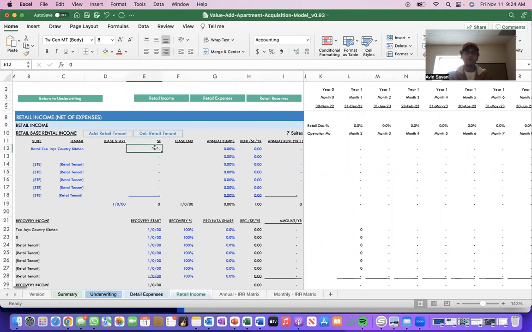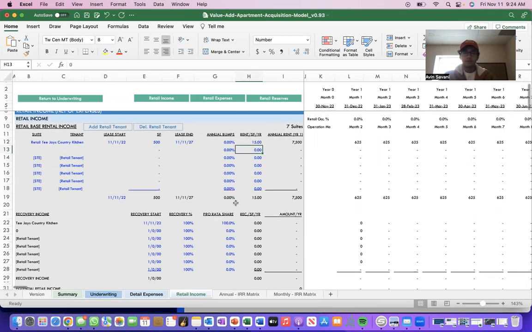Say I enter 500 square feet, the lease starts this month, 11/11/2022, and it's going to end in 5 years. So this is going to display, and then obviously what is the rent per square foot? Let's say $15, right? So the total annual rent is going to be displayed here.